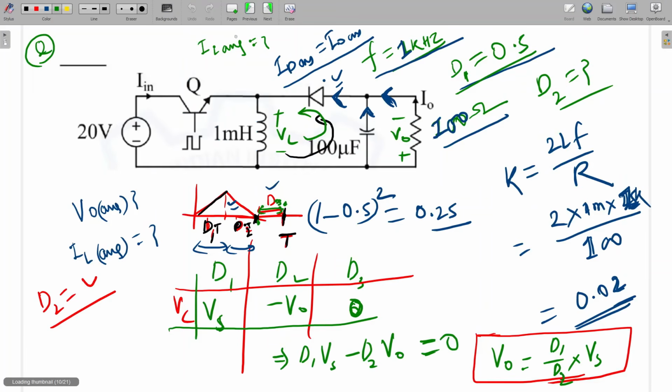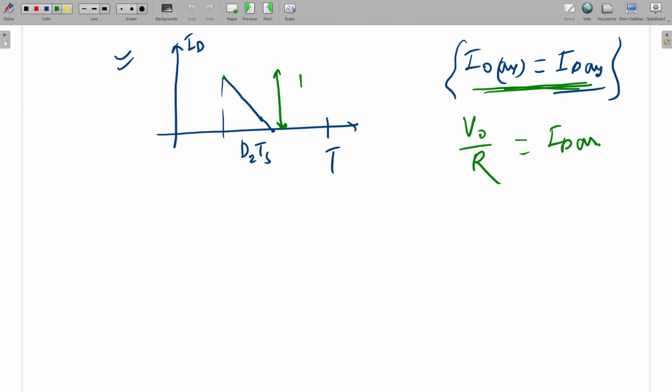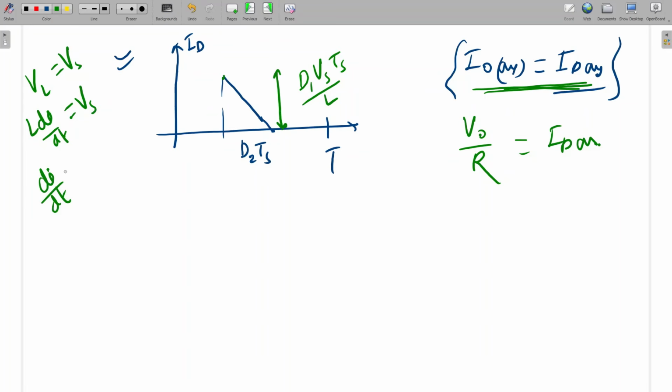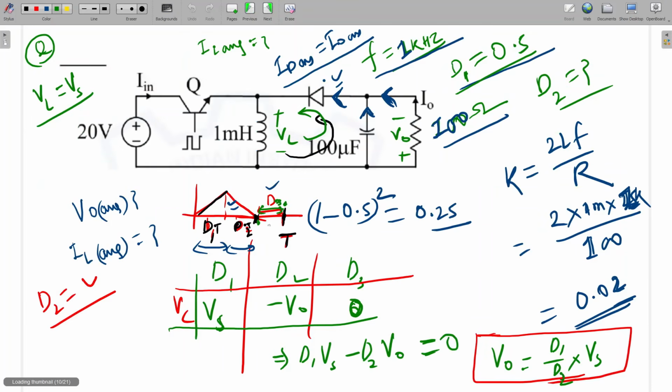Coming to this circuit, in the first part, what will be VL? When the switch is on, VL is equal to VS. So L di by dt equal to VS, and di by dt will be VS by L. For the first case, dt will be D1 TS.